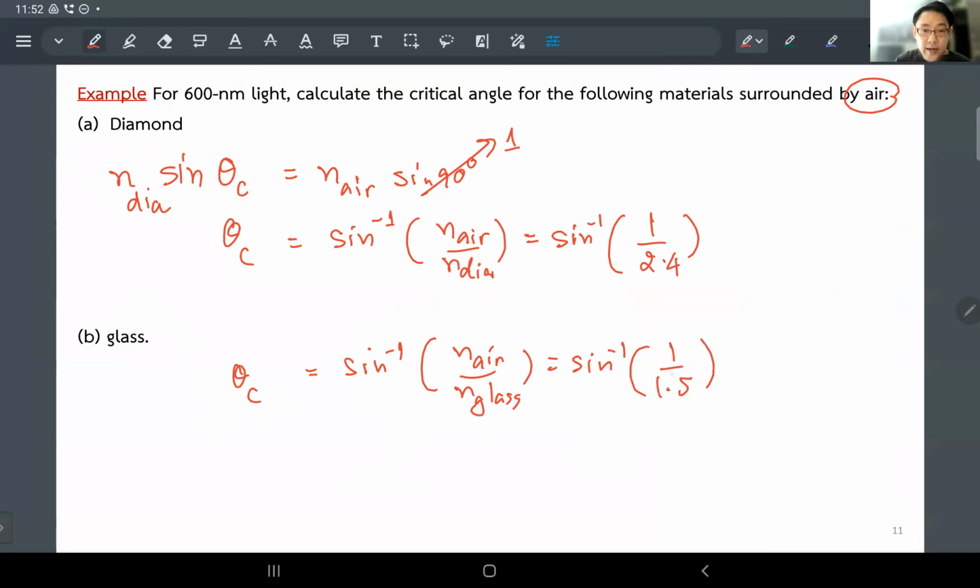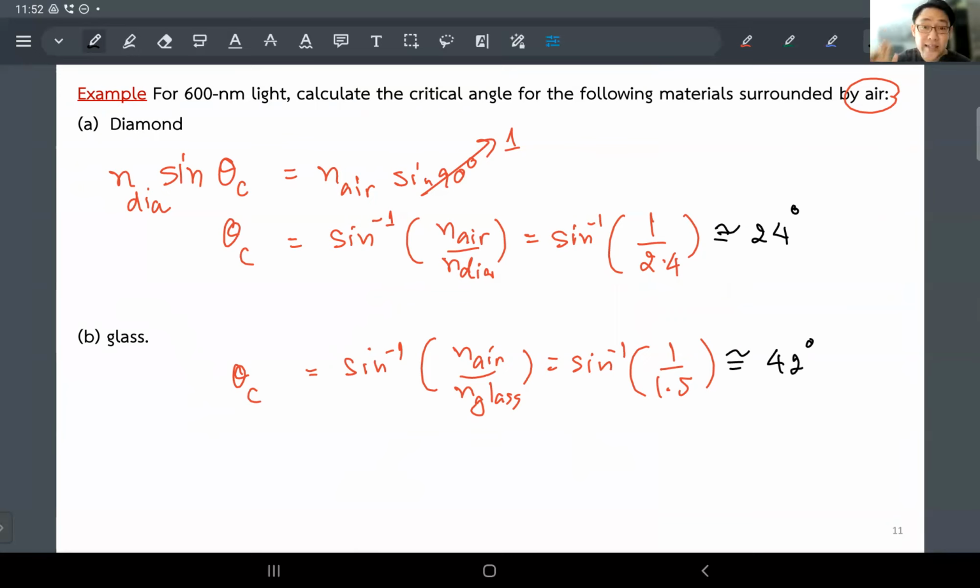There. Now you notice something. If you punch the calculator, and if I remember correctly, it's somewhere around 24 degrees for diamond in air, and about 42 or 43 for glass in air. I don't remember exactly, but you can check my numbers. So do you see it? The critical angle for diamond in air is so small, while for glass in air it's bigger.